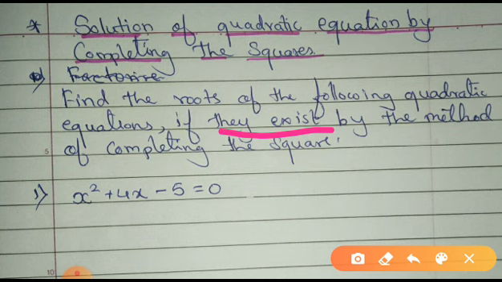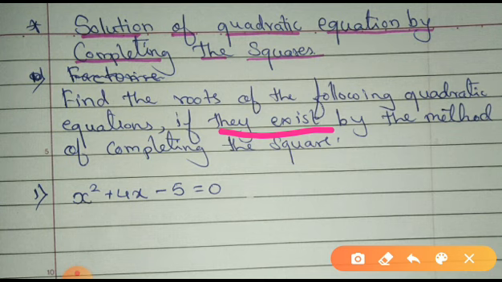Non-negative in the sense that 0 will be included. If I am simply saying positive, 0 won't be included. That means the square of any number should be non-negative. Only then can we find the real roots. Otherwise we cannot find the real roots, and hence it is stated that if they exist.